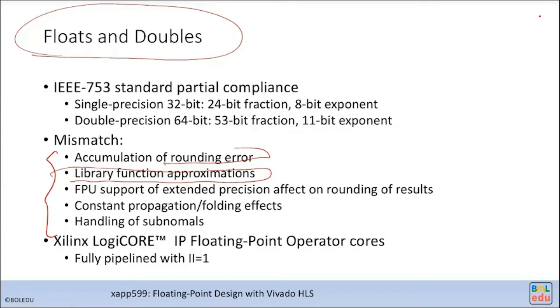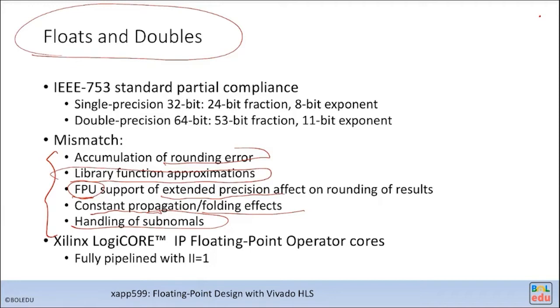I mentioned that the floating-point processor uses extended precision, so it will be different from the HLS compiler. Sometimes there's a different way of constant propagation or folding, or abnormal cases are handled in different ways. All of those are sources of errors.